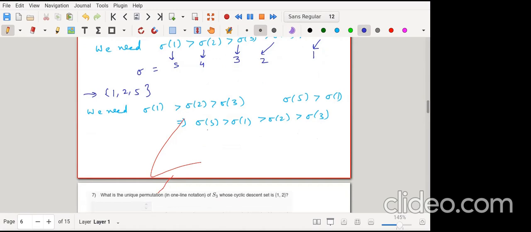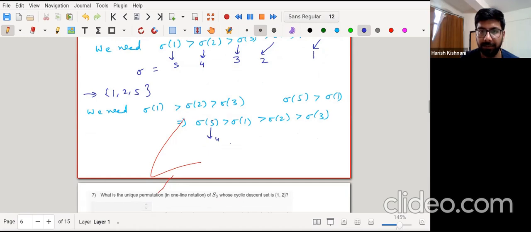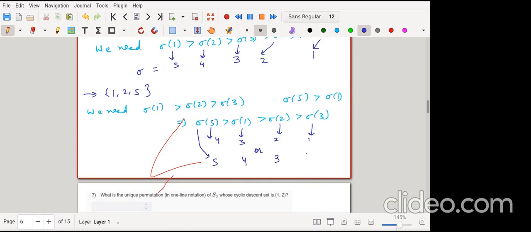So the first choice is you can take 4, 3, 2, or 1, or you can take sigma 5 to be 5, then sigma 1 to be 4, then sigma 2 to be 3, and sigma 3 to be 2, right?